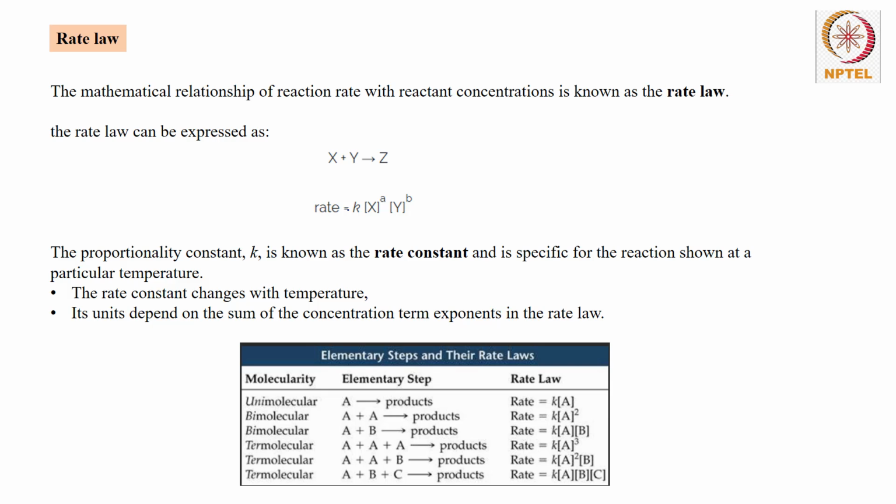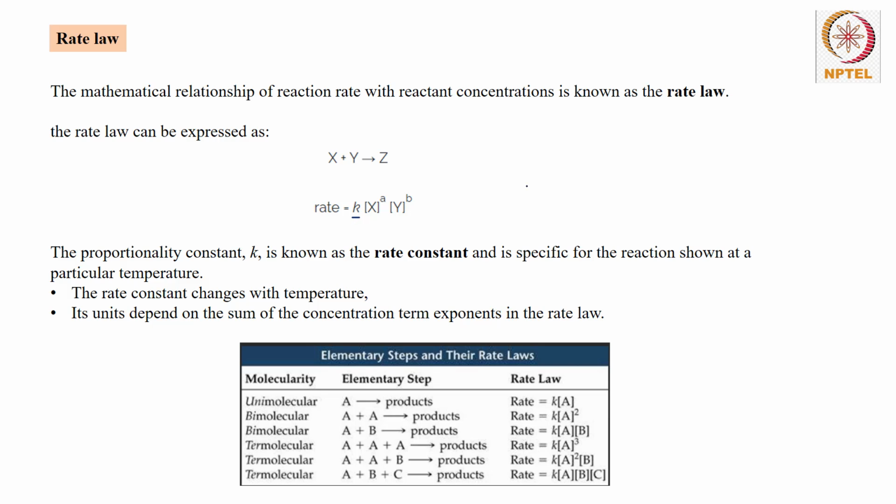Now, this K is called the rate constant. It is specific for a specific temperature, and the rate constant changes with temperature.